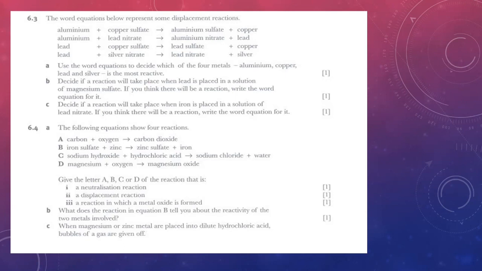Question 4. The following are four reactions. Carbon plus oxygen gives carbon dioxide. Iron sulfate plus zinc gives zinc sulfate plus iron. Sodium hydroxide plus hydrochloric acid gives sodium chloride plus water. What is the name of this reaction? We took this reaction in the previous lesson.